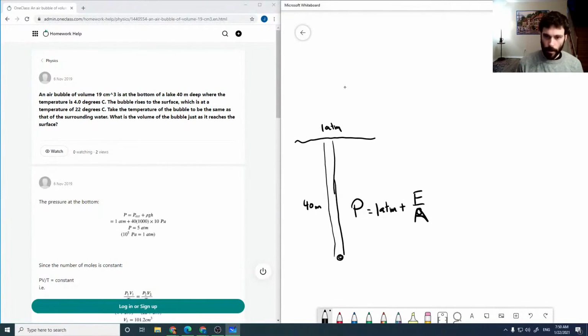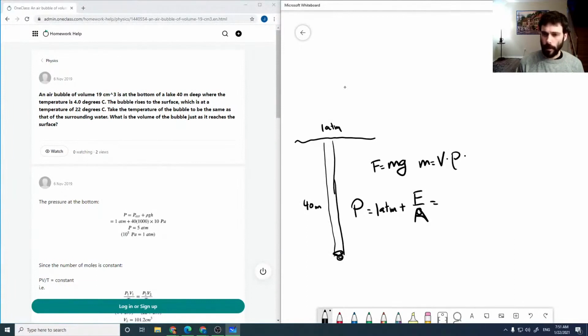So the area here is, and so we've got the force due to all this water, which is going to be mg, where m is our volume of water times our rho, our density of water.